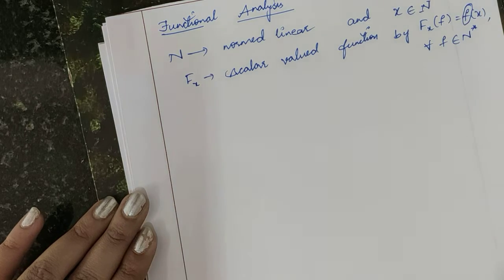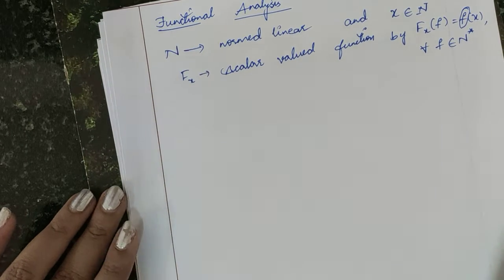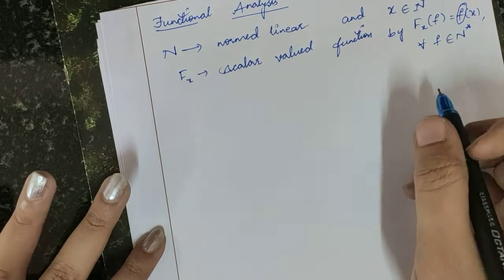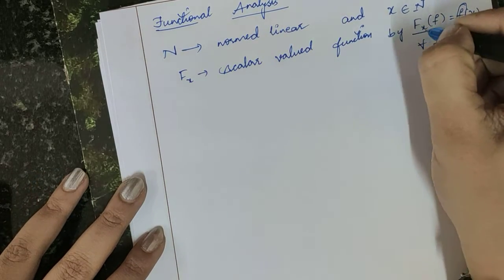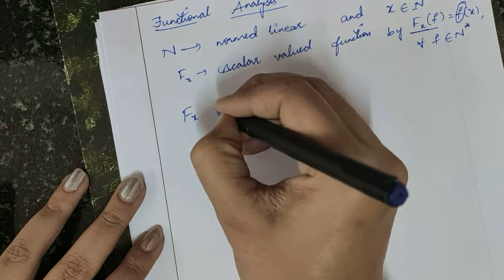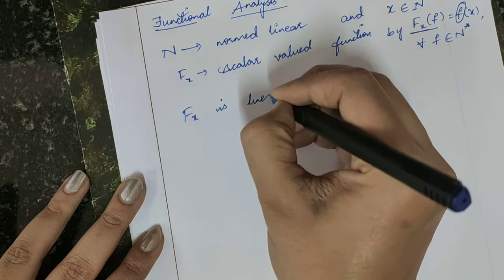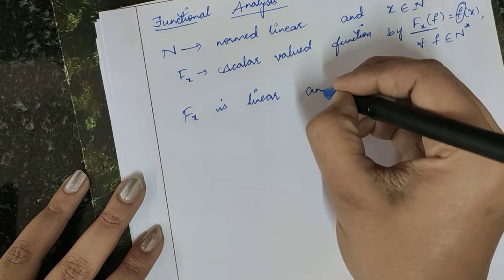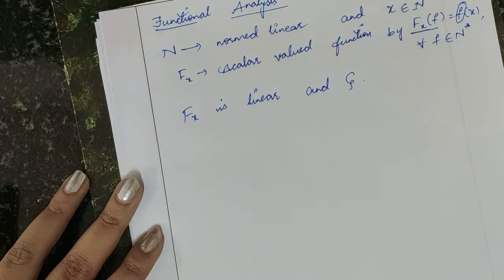N star is nothing but the conjugate space of N, right? So these are all the given things. We have to prove that this f_x is linear and continuous. This is the first part of the proof.